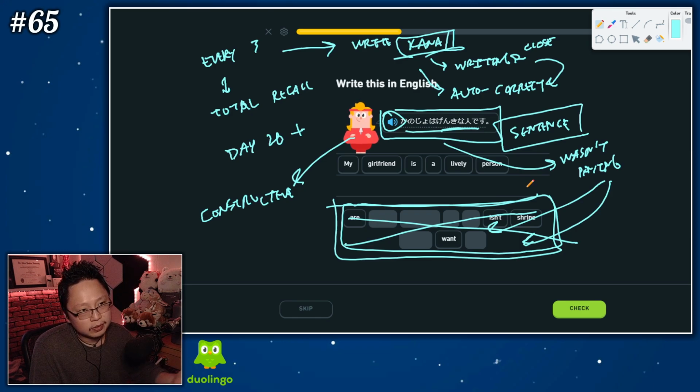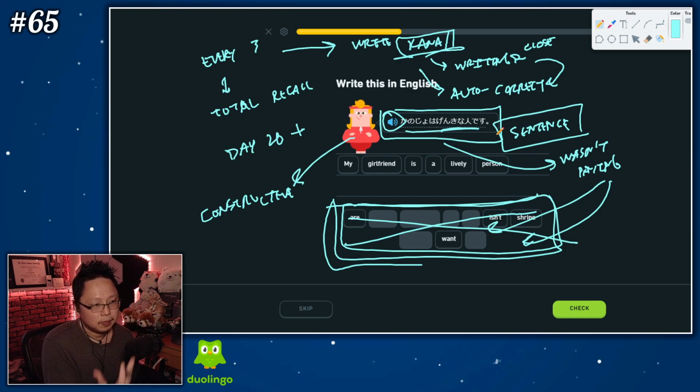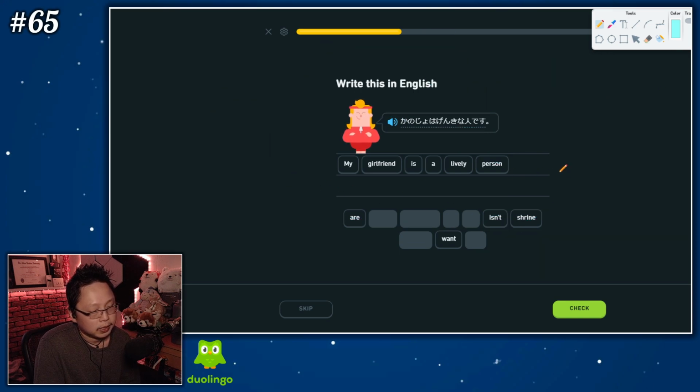If it's in Japanese, I just translate it as quickly as I can. If it's in English, you'll probably see me look up, like my eyes will look up, and I'll try to construct the sentences by saying it. And as I'm saying it, I'm thinking about the kana, and then I go to the bottom and look for it. So what happens is it slows me down.